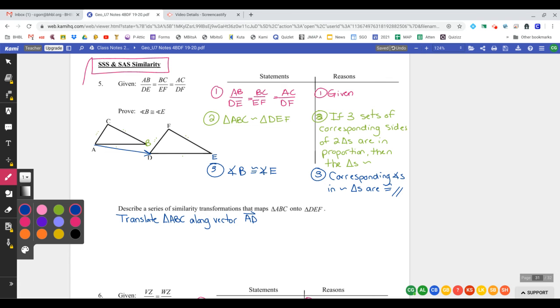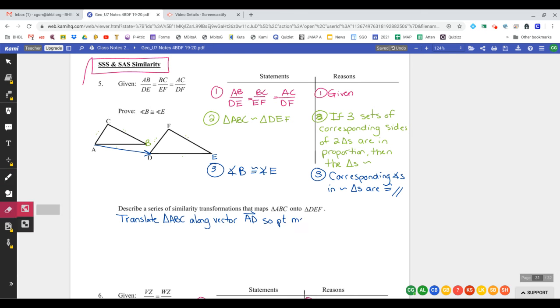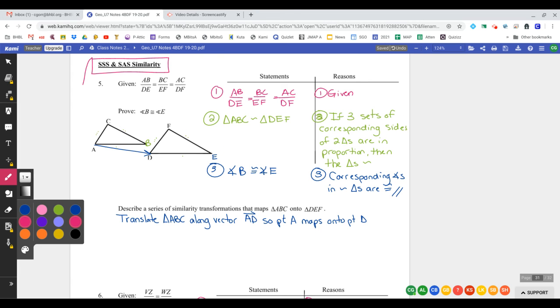We're just trying to get A to map onto D. So point A maps onto point D.